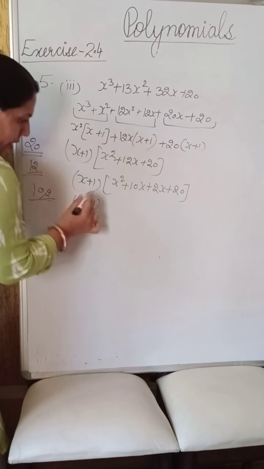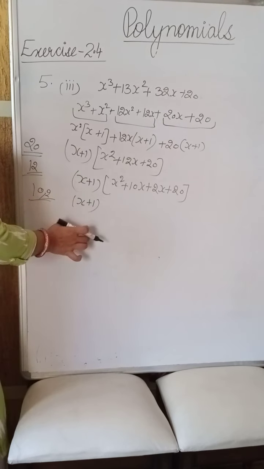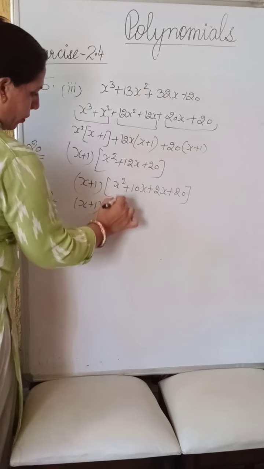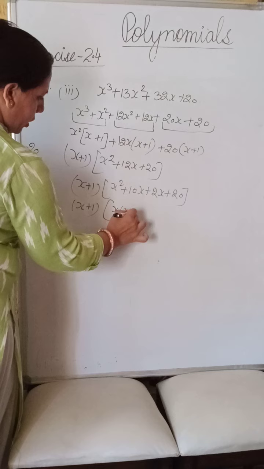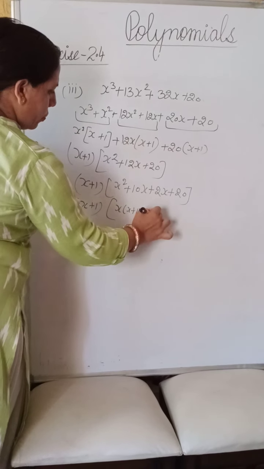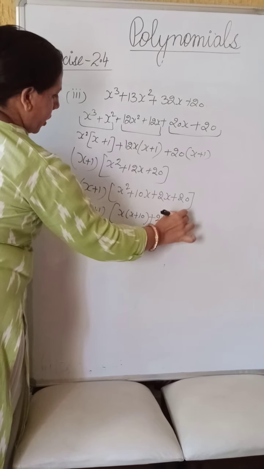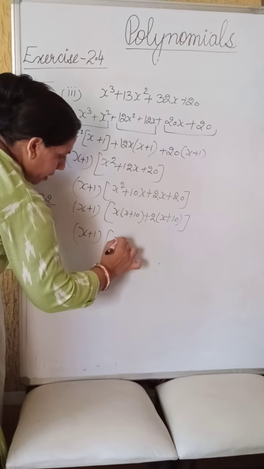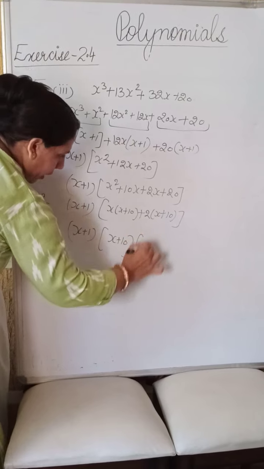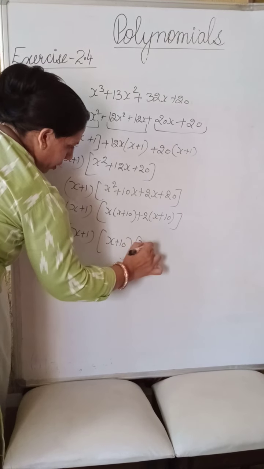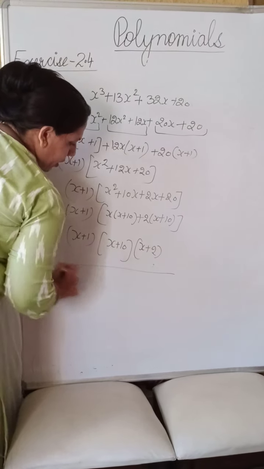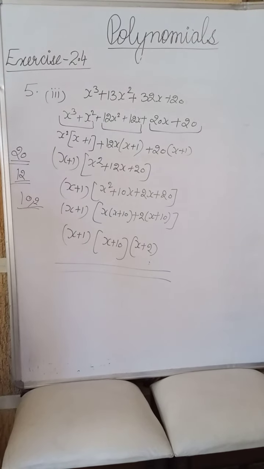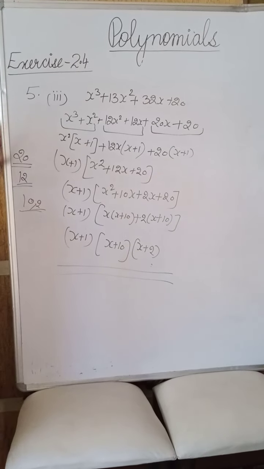You will write this x plus 1 at every step. You need not leave it here. So from here you will take common x, x plus 10, plus 2 into x plus 10. What is left? Take this x plus 10 as a factor, and the second left factor is x plus 2. So these are the factors of this given polynomial. I hope the question is clear to you.